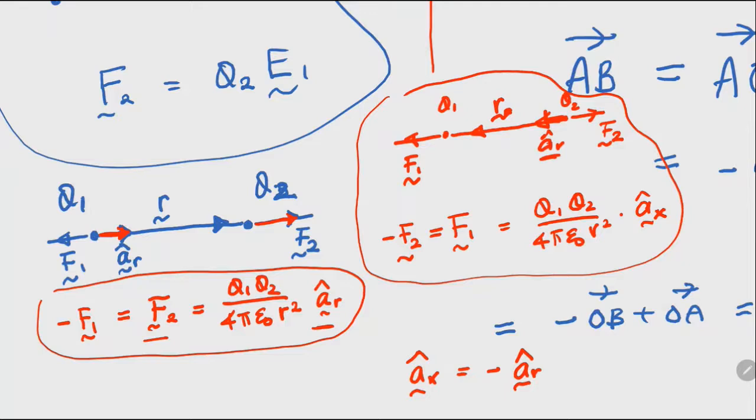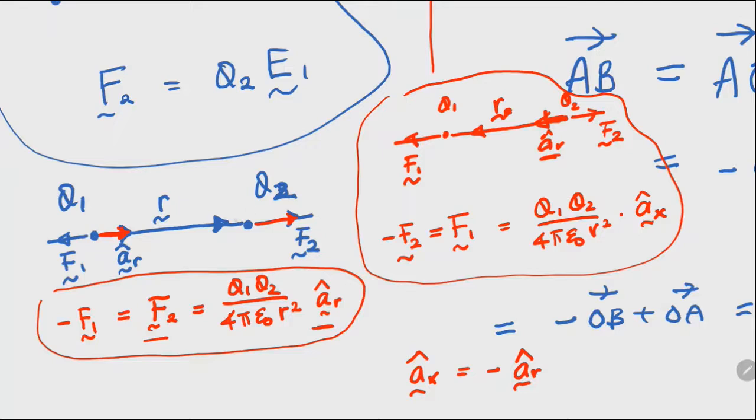And with these equations, if my charge has a negative sign, if I put a negative sign into it, the vector will automatically change directions. Okay, so what it tells you is that if both charges are the same polarity, then the force will be in the direction as I define it.